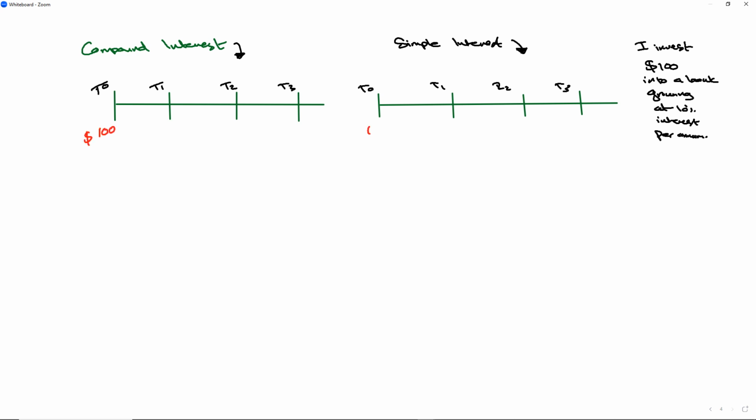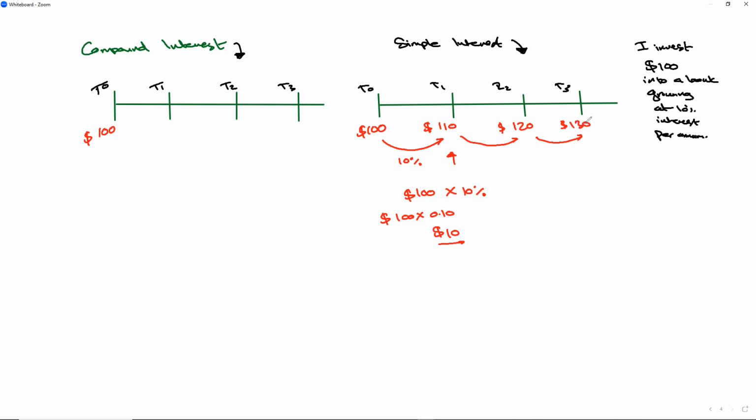So $100, $100. And now it's going to grow here, right? This growth over here is going to be 10% off 100. So we take 10% off 100, which comes to $10. And so we add $10 in here. That's how we get 110. And then we add another $10 to get to the next one. And we add another $10 to get to the last part here.